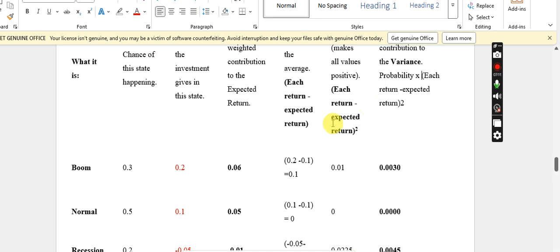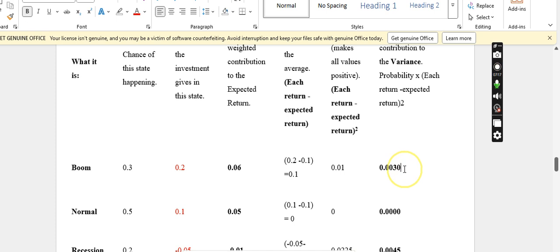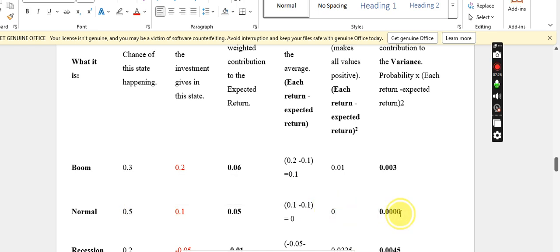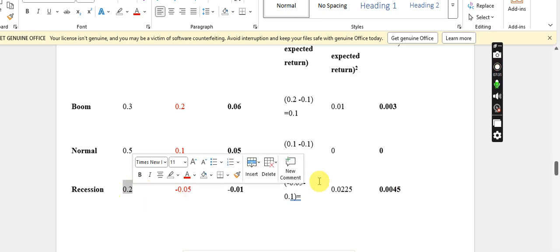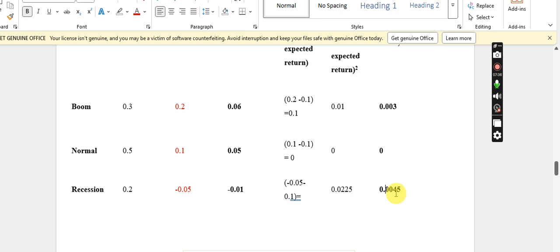So this probability 0.3 multiplied by 0.01, you get 0.003. 0.5 times 0, you get 0. 0.2 times 0.0225, you get 0.0045.